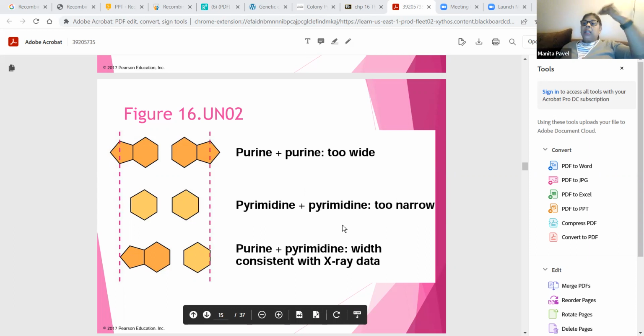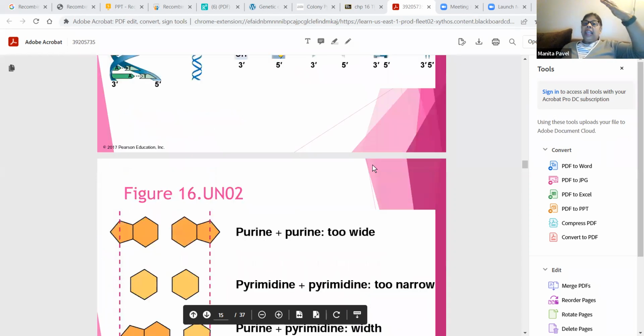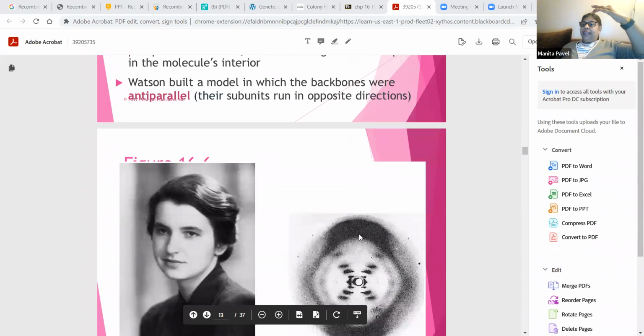So that allowed them to draw the conclusion that one specific purine, namely adenine, pairs with one specific pyrimidine, namely thymine, forming a double bond. So purine plus pyrimidine's width was consistent with the X-ray data.